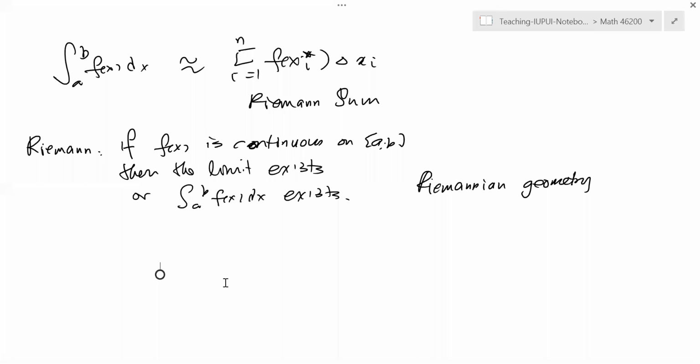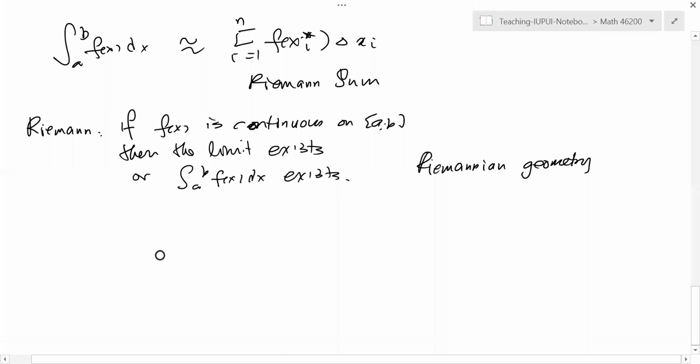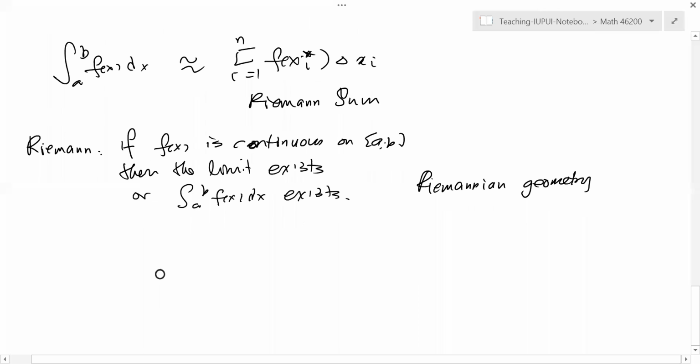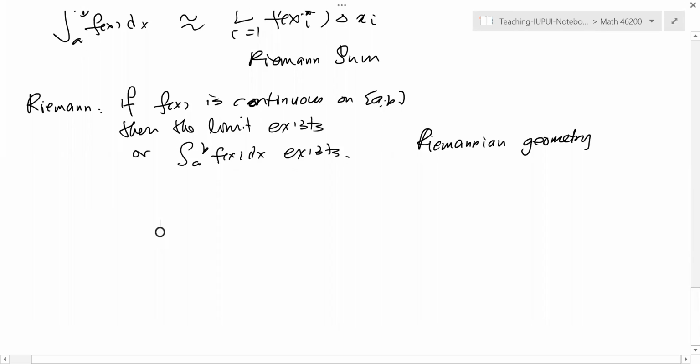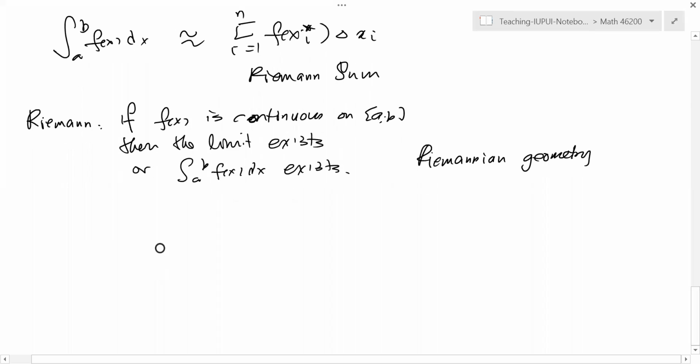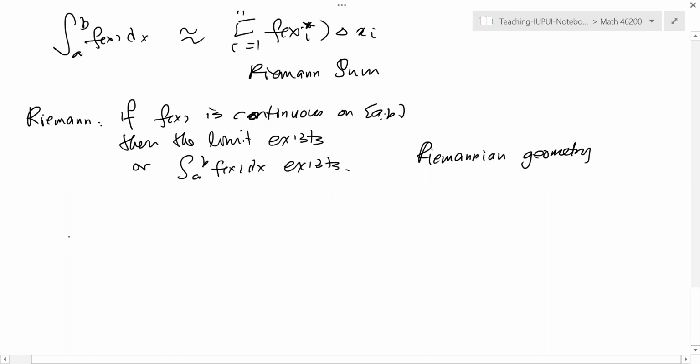All right, so let's continue. Riemann says you are guaranteed you can use those sums to approximate the limit, because the limit exists. Now, how do we approximate? The simplest way is that we don't take an arbitrary partition.